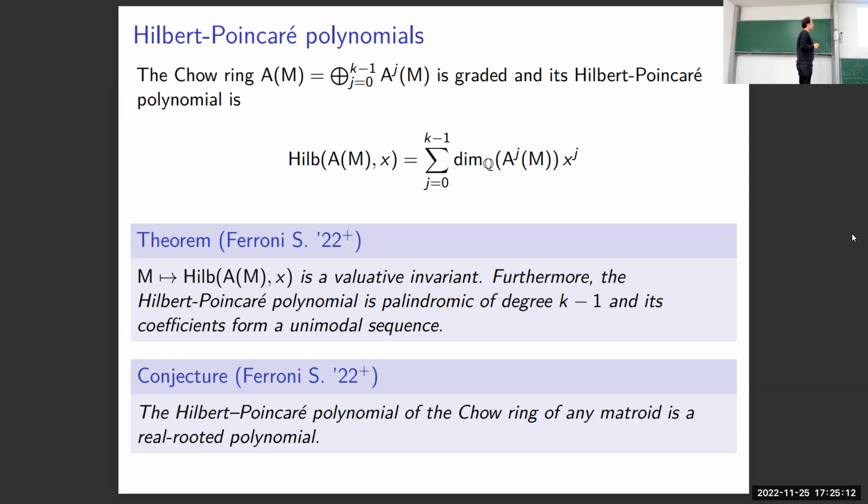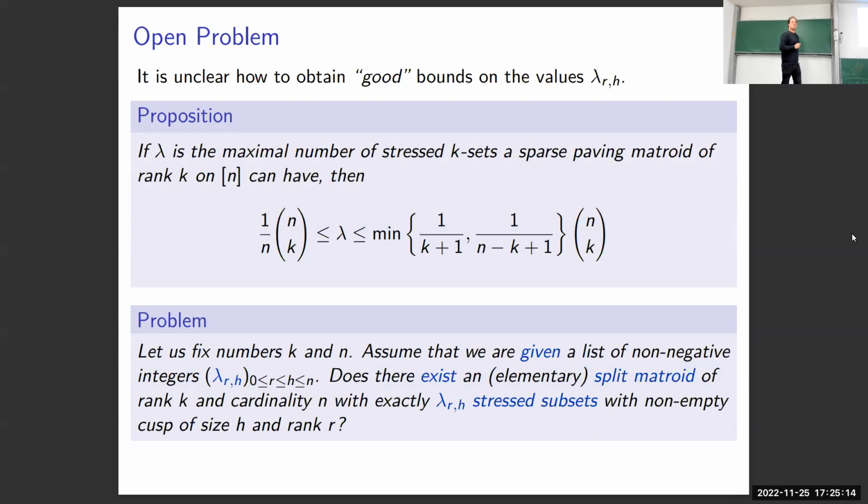So let me end with the open problems. What is there to do for you? It's hard to tell what these numbers lambda are. Good bounds, of course, help you to prove all these theorems and all the properties.